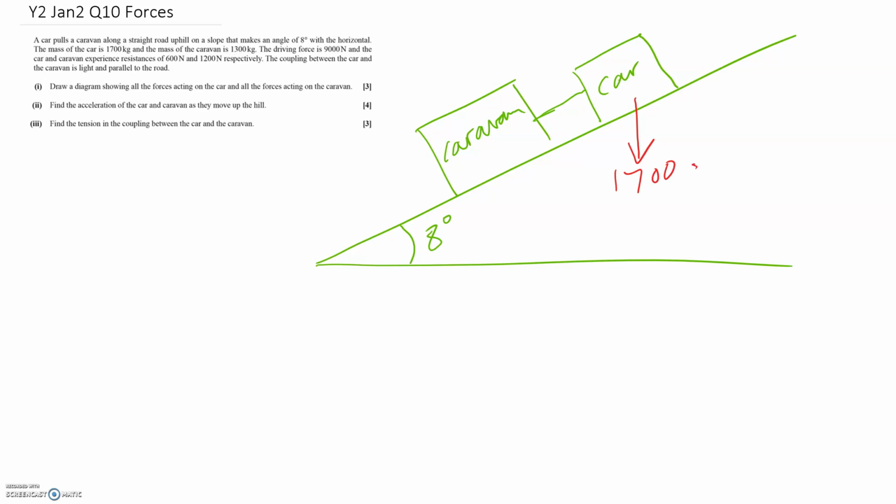So the mass is 1,700 kilograms. So the weight is 1,700 G. The caravan is 1,300 G. The weight going down there. The driving force on the car is 9,000 newtons.